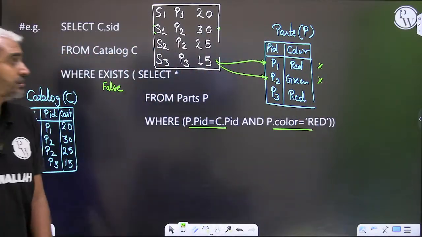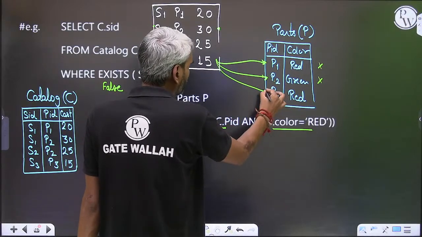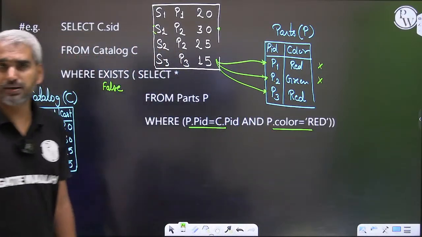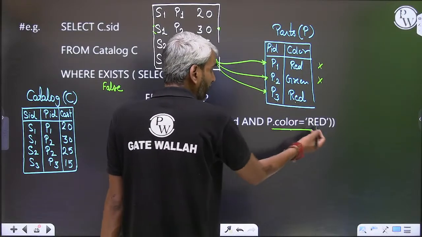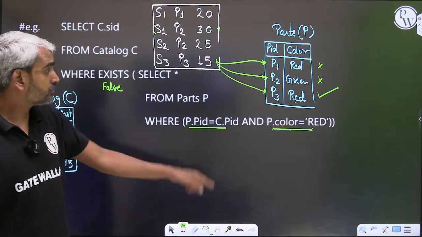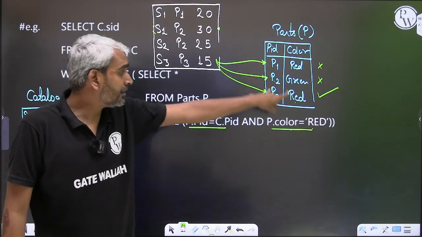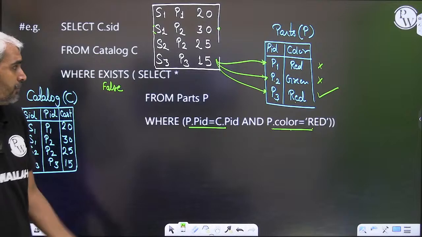Therefore again the condition is false. Here PID in the catalog table is P3 and PID of the part table is also P3, and the color of that tuple of the part table is also red. Therefore the where condition is true with respect to the third tuple of the part table corresponding to the fourth tuple of the catalog table.